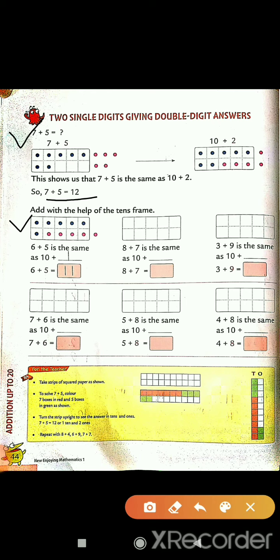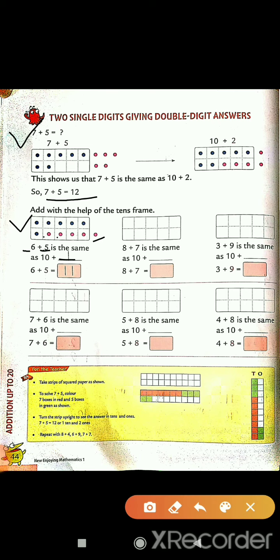Let us understand this. 6 plus 5 is the same as 10 plus dash. Now first we will put 6 blue colored balls in the box and then 5 pink colored balls.